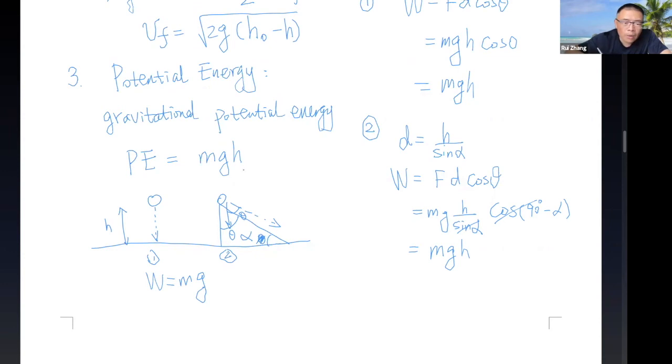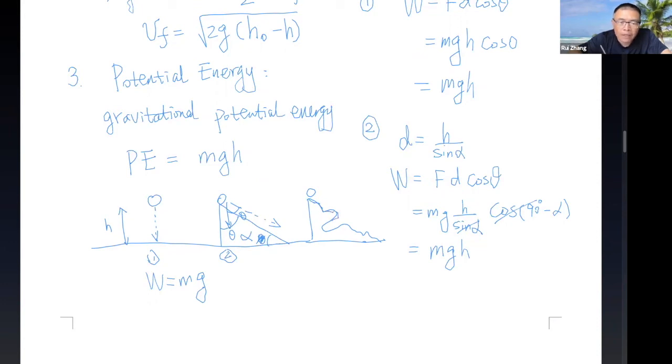And actually, not only for this case, you can show easily that even for very irregular paths, as long as the height change is the same, the work done by gravity is going to be the same in all cases. What you can do is break the whole path down into a bunch of small ramps at different angles.